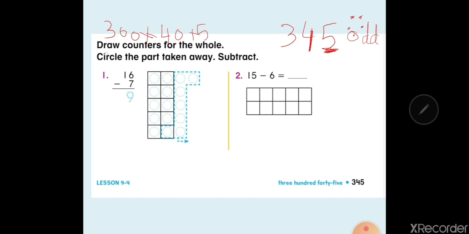What the question said: draw counters for the whole. Remember, you will draw the whole and then take away a part. Circle the part that is taken away. Please circle the word away, the word subtract. My whole in this case is 16. I draw 16. You know the 10 frame, if it's full, there are 10 counters inside it. No need to count them.